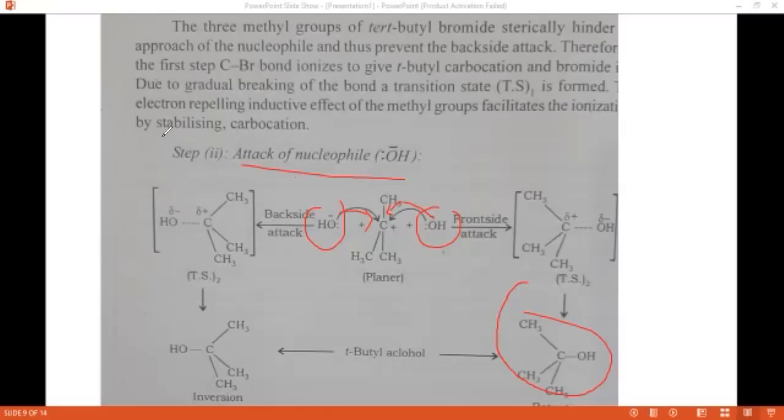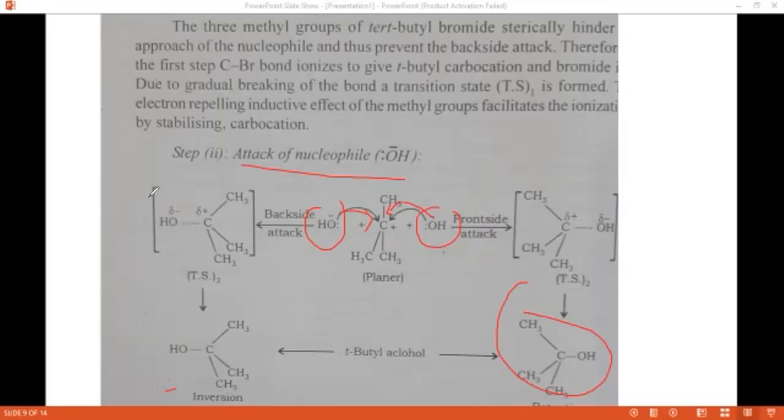When the nucleophile attacks the carbon atom from the back side, the inversion of configuration is formed. So front side attack results in the product with retention of configuration, while back side attack results in the product with inversion of configuration.